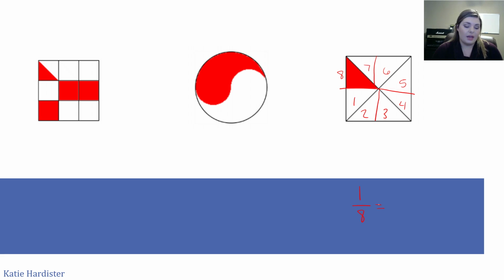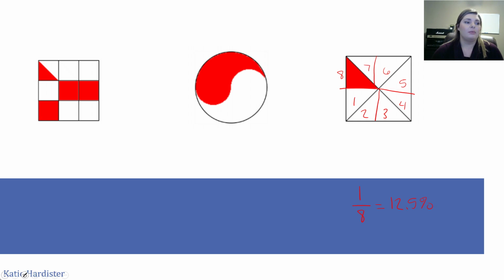And I know that if I was to do the opposite of what we did earlier, converting the fraction from a decimal to a fraction, then I could actually convert this fraction to a decimal or a percent. So I know that 1/8 would be 12.5%. So I could say 12.5% of this shape is shaded red.